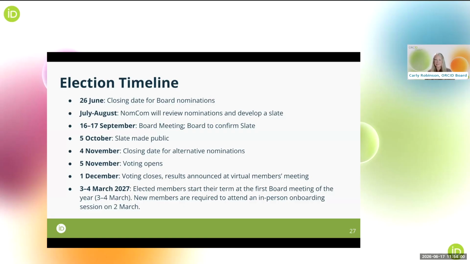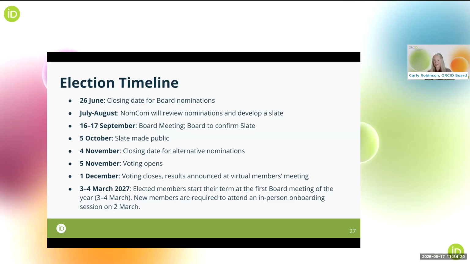The board does need to confirm the slate before it is made public. That'll be made public October 5th. And then we've got about a month, until November 7th, if there are any alternative nominations that folks want to put forth for someone who isn't on that slate.